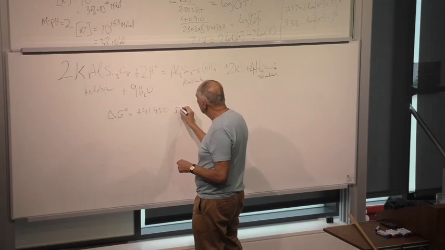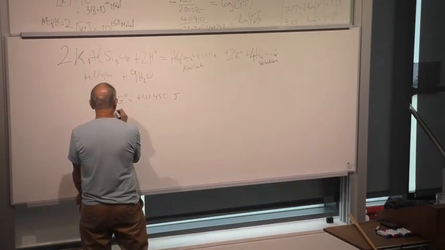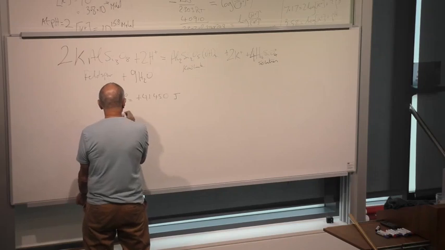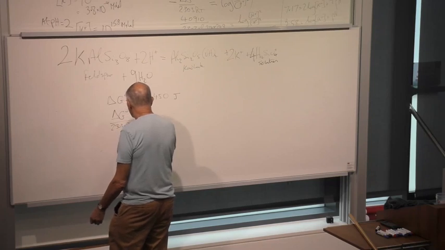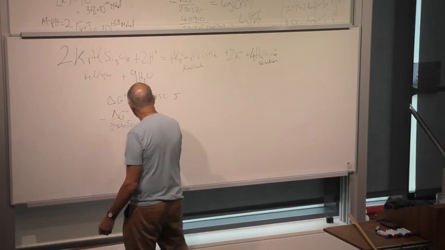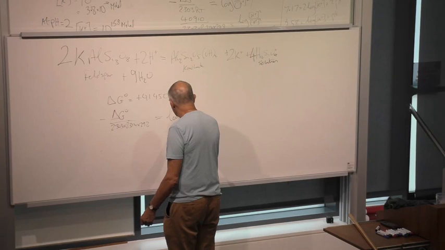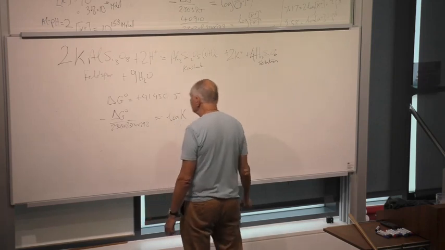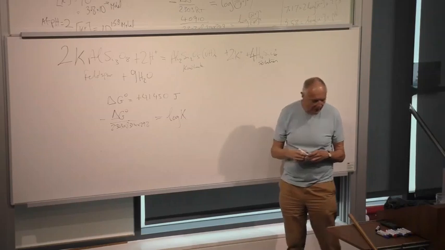And minus delta G0 over 2.303 times 8.314 R times 298 is the log of the equilibrium constant. Okay, we wrote out the equilibrium constant fully last time.